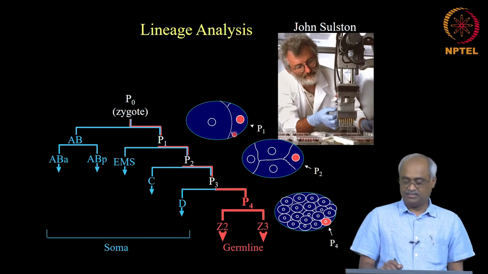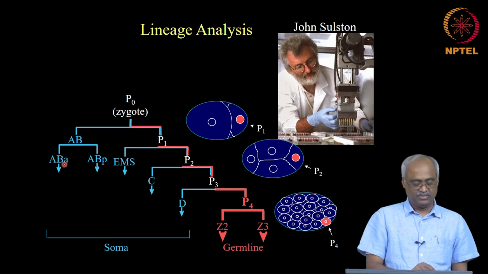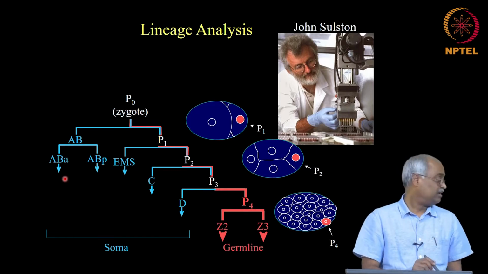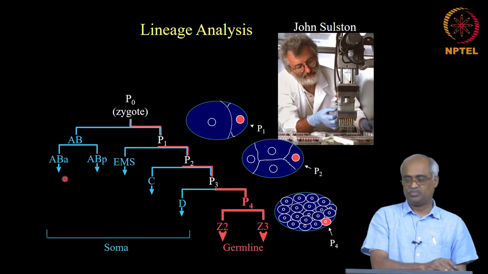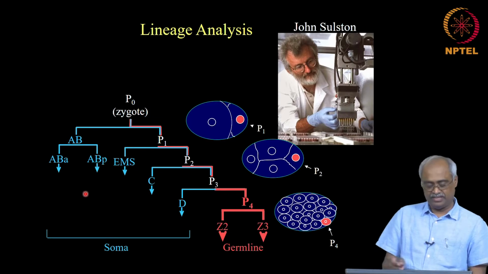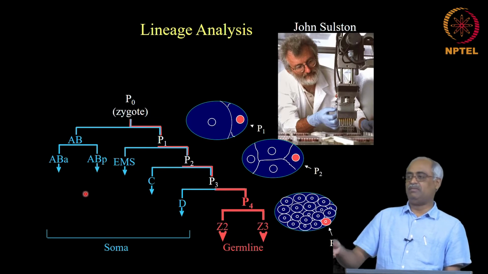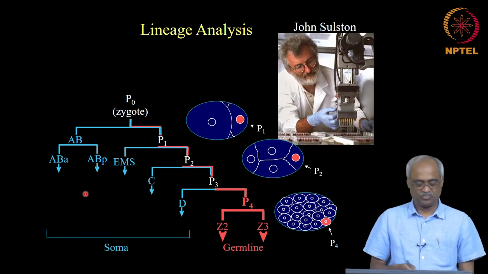Then the next division, AB divides to give ABA, ABP. This small letter A indicates anterior daughter of AB, P means posterior daughter of AB, and this might go on ABA, ABP, ABPP, ABPA, like that it will go. Each letter indicates one generation.